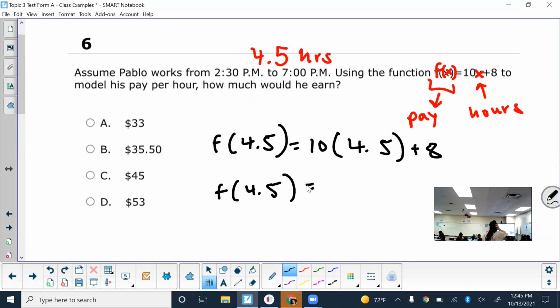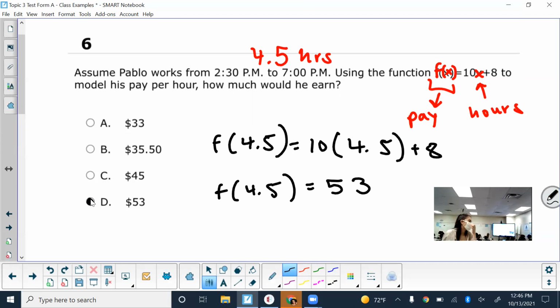Just showing you what the input is. The stuff on the right can be put in your calculators all at once even. 10 times 4.5 plus 8, which when you do that, you get 53. That's why the right answer for that one was D.